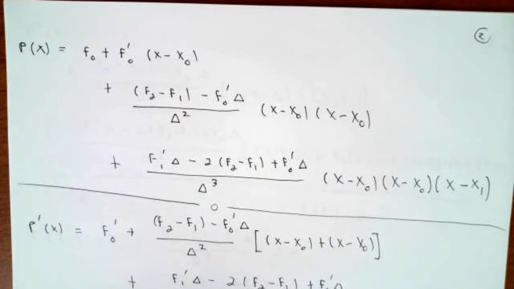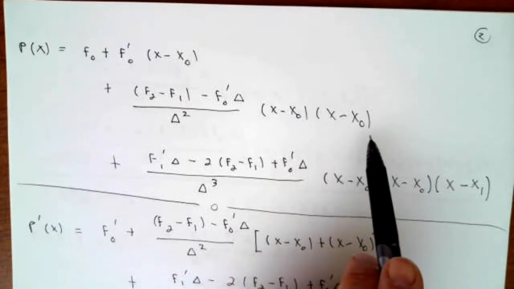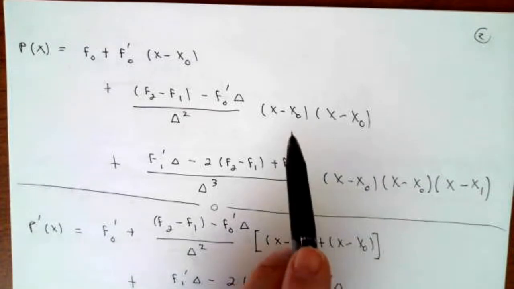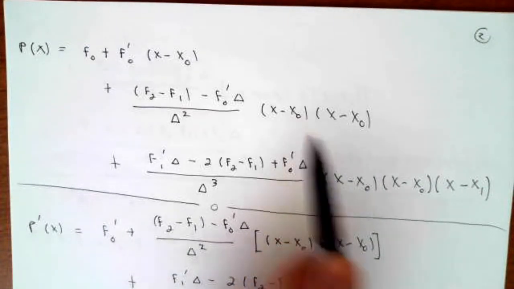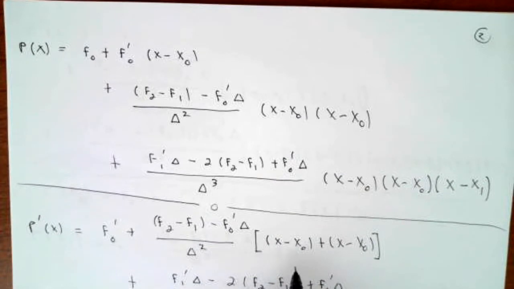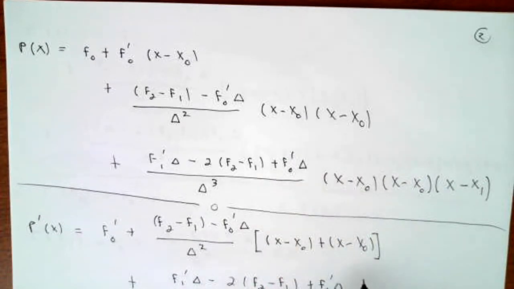Each one of them is going to be this quantity with one of the factors left out. So if I leave that one out, I'll have x minus x0 there. If I leave that one out, I'll have x minus x0 to add in. I am not going to overly simplify things for reasons that will become clear shortly.